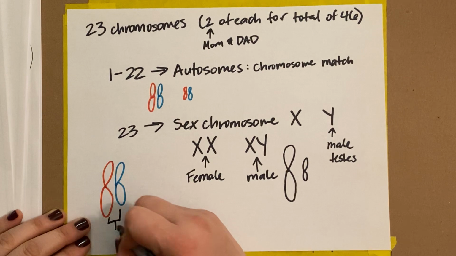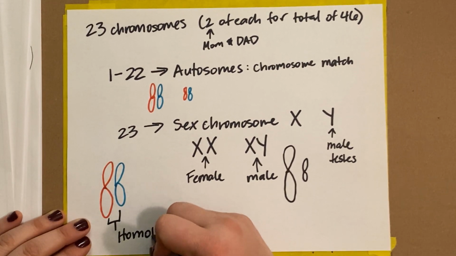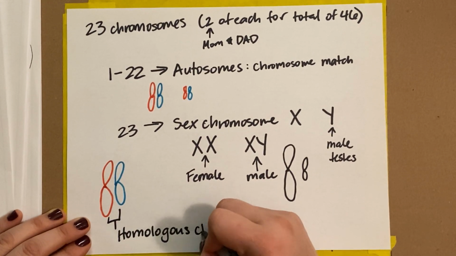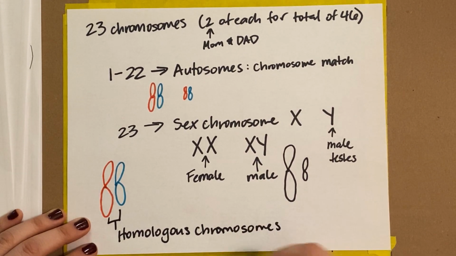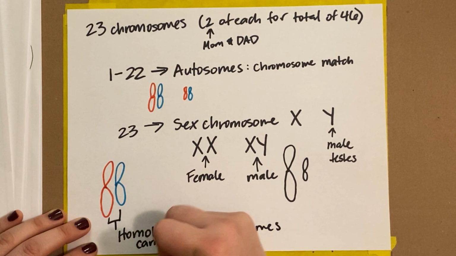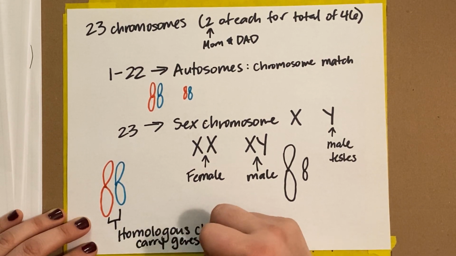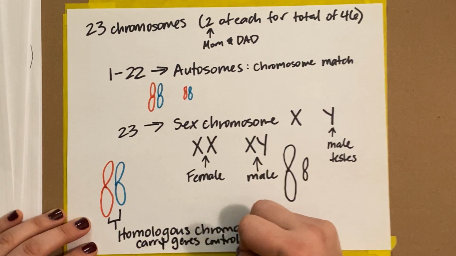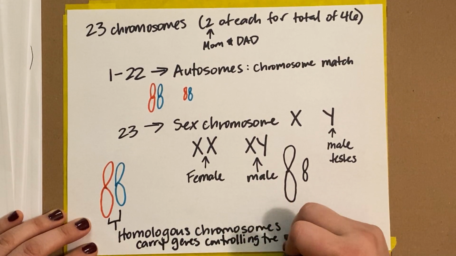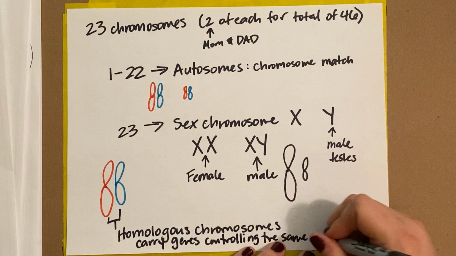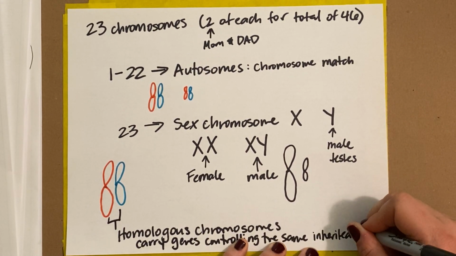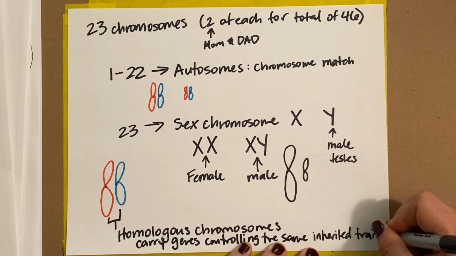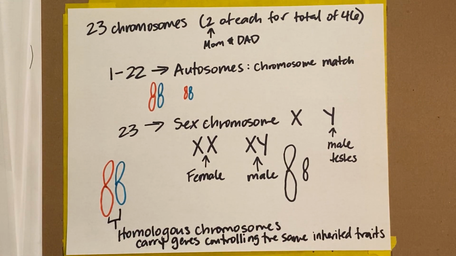These are going to be considered homologous chromosomes, and they carry genes controlling the same inherited traits, like eye color or hair texture, things like that.